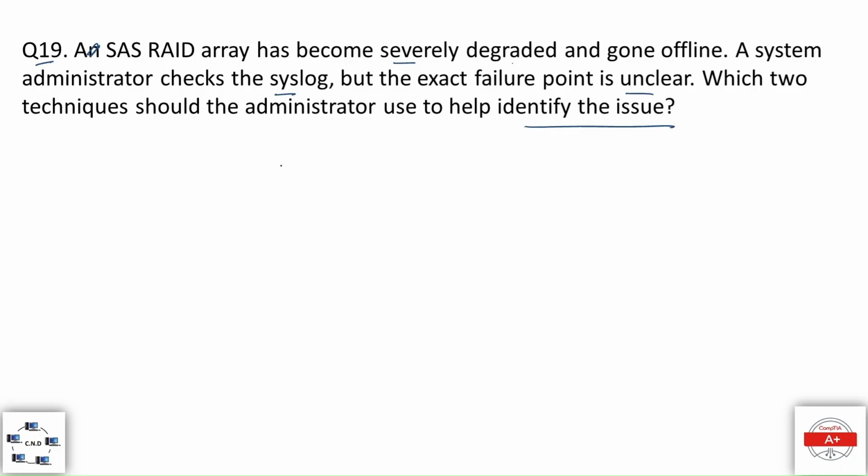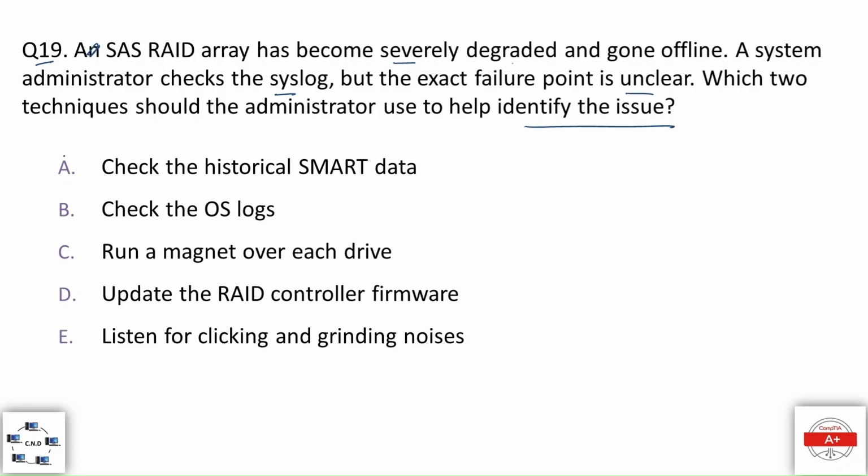And the options are: option A, check the historical SMART data. Option B, check the operating system logs. Option C, run a magnet over each drive. Option D, update the RAID controller firmware. And option E, listen for clicking and grinding noises.